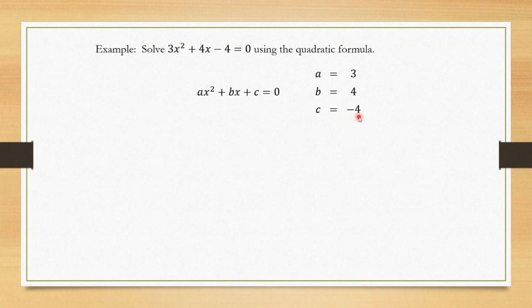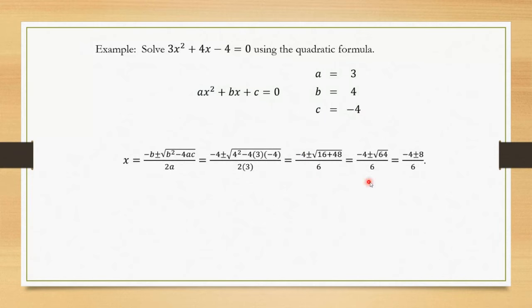Now that we know what A, B, and C are, we can use the formula. And that's what I'm doing here. I'm just replacing A with the number A is, B with it, and C with it. Okay, B is positive 4, but here we have negative B. That's where the negative 4 comes from. Here we have 4 squared minus 4 times A times C, and C is negative 4, right?